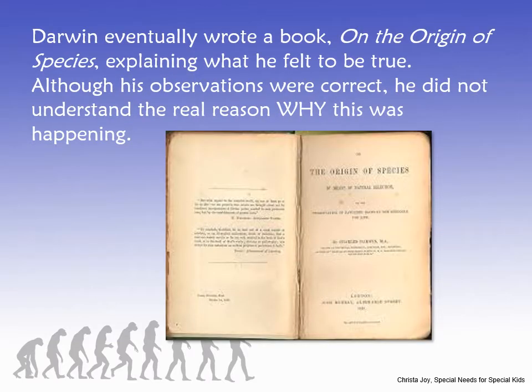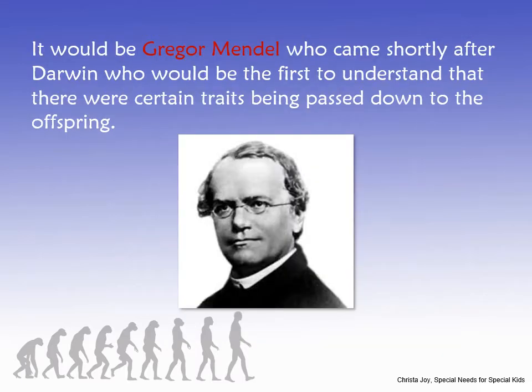Darwin eventually wrote a book on the origin of species, explaining what he felt to be true. Although his observations were correct, he did not understand the real reason why this was happening. It would be Gregor Mendel, who came shortly after Darwin, who would be the first to understand that there were certain traits being passed down to the offspring.